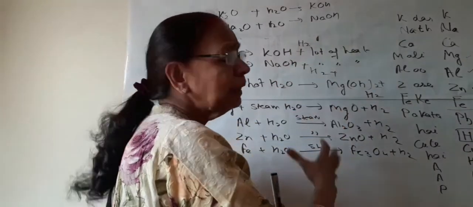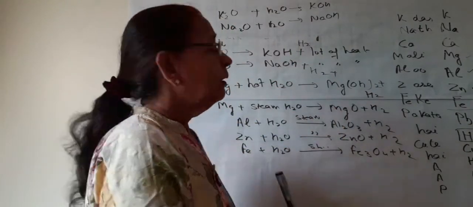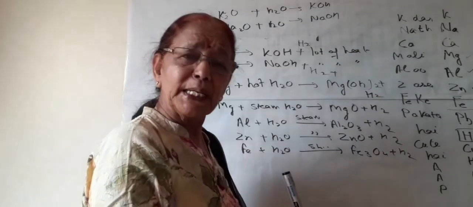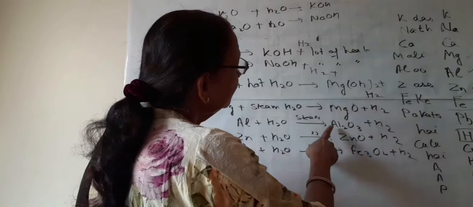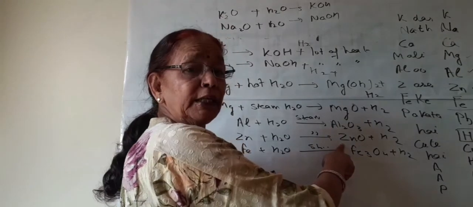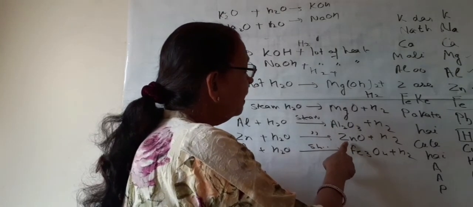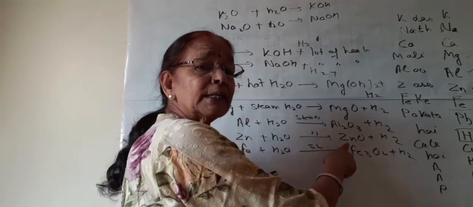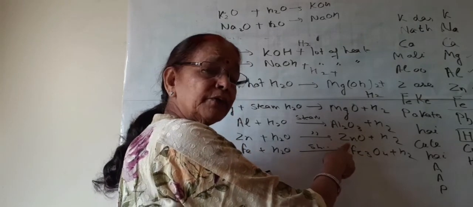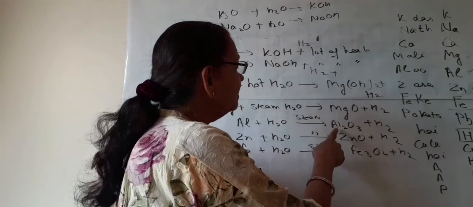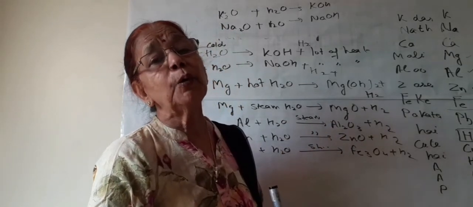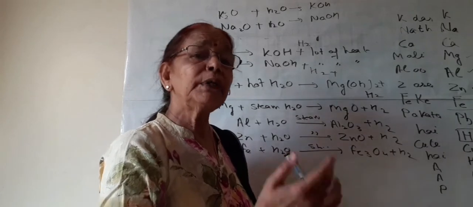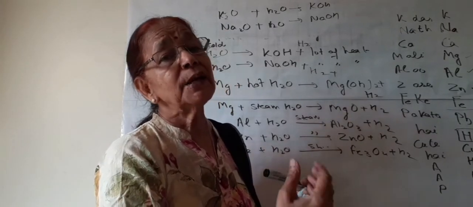So, are all the oxides basic? Yes, they are basic, but these two, aluminium and zinc, are basic as well as acidic. It means aluminium oxide and zinc oxide can both react with acid as well as base.